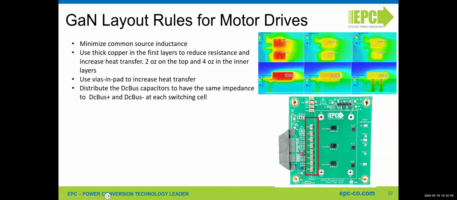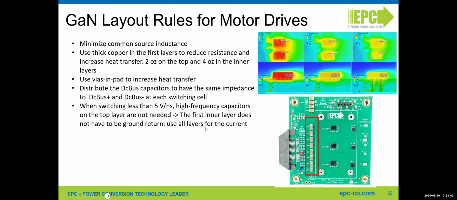You see all the ceramic capacitors are put symmetrically versus the switching cell, and the output to the motor is here. And when switching less than 5 volts per nanosecond, which is the case in our motor drive, the difference between motor drives and other, let's say, DC-DC converters is that in the motor drive, we don't switch fast.